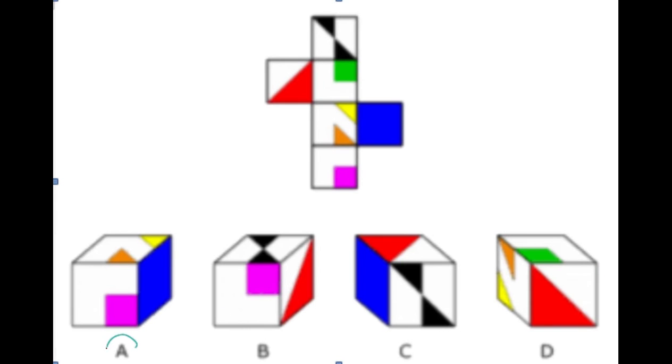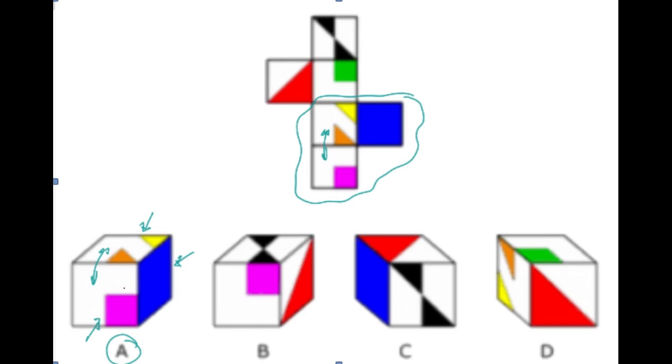Let's check another one. Having A here, taking this blue one and 2 triangles, yellow and orange, and fuchsia rectangle here, which means we have these 3 together, and we can easily notice that this empty space is the same as this one, so this is correct.